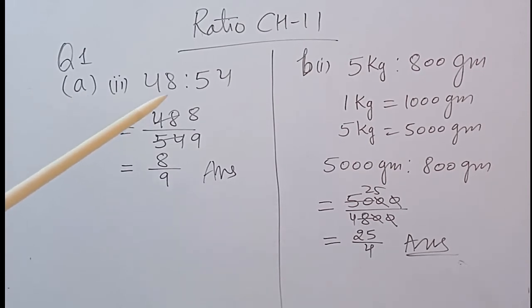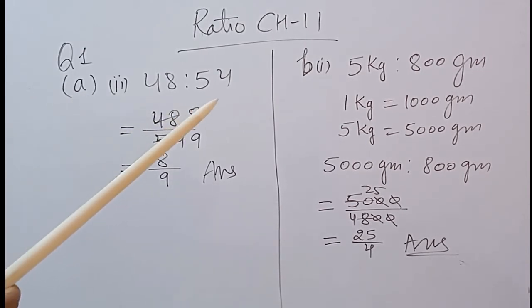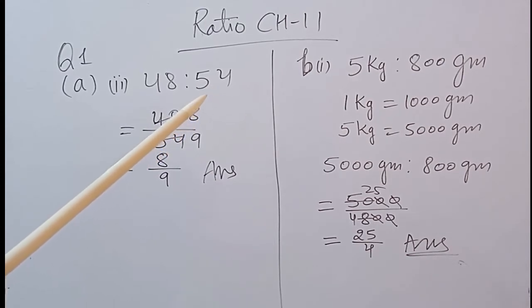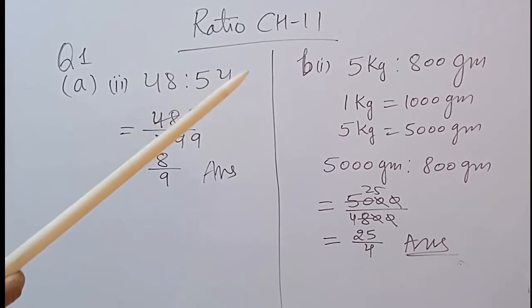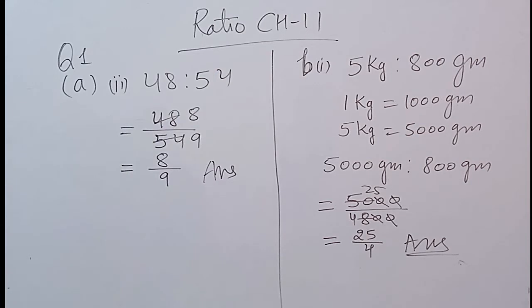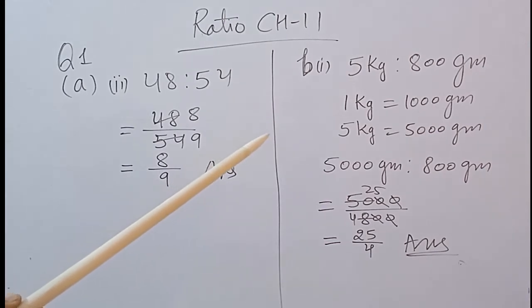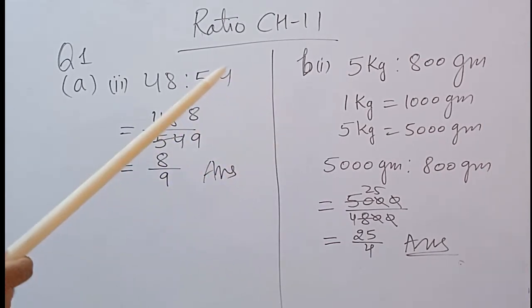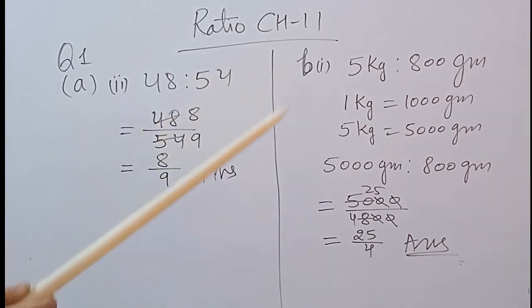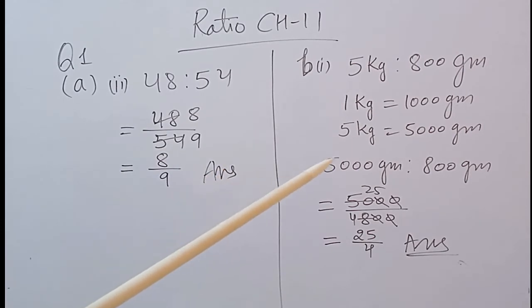Now taking B part of question number 1 and the first part of the B, that is 5 kg ratio 800, and we have to write in the simplest form. So first we have to know that 1 kg equal to 1000 gram, or 5 kg equal to 5000 gram. So converted, 5 kg ratio 800 is 5000 gram ratio 800 gram.